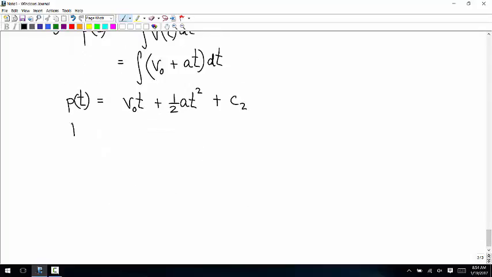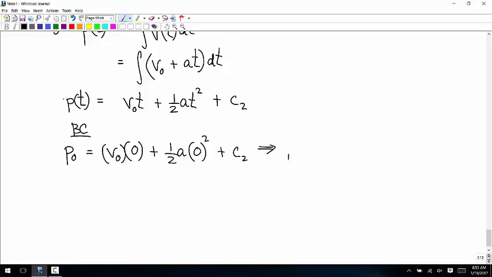And then the boundary condition says that when time is equal to 0, the position is p sub 0. So p sub 0 is equal to v0 times 0 plus 1/2 a times 0 squared plus c2. And that tells you that c2 is equal to p sub 0.